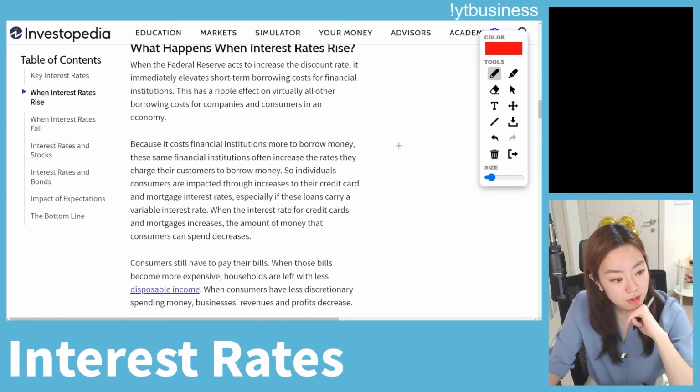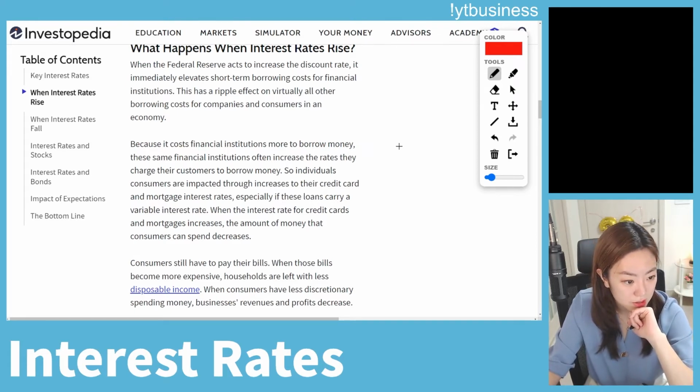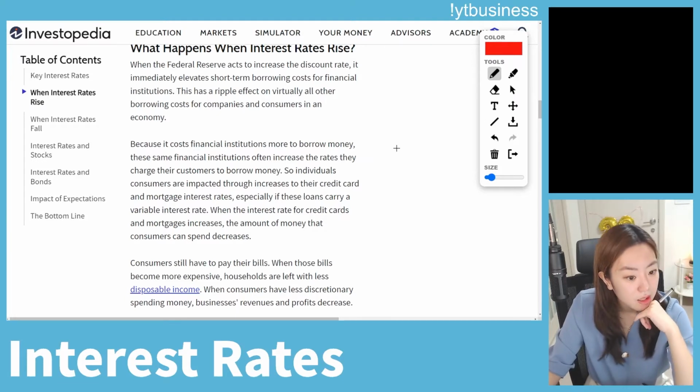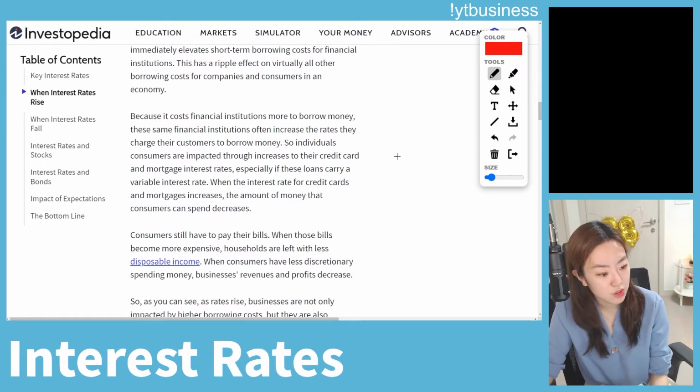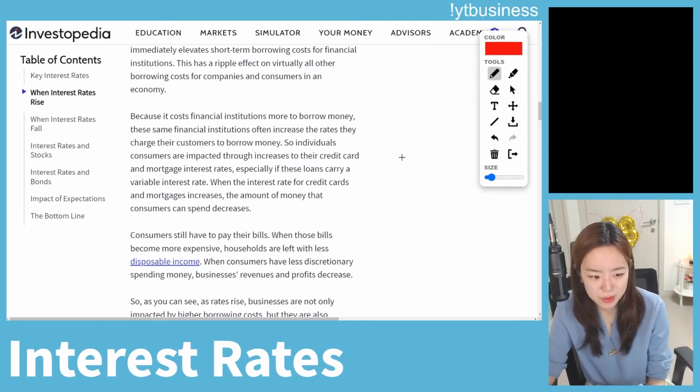Because it costs financial institutions more to borrow money, these same financial institutions often increase the rates they charge their customers to borrow money. So individual consumers are impacted through increases to their credit card and mortgage interest rates, especially if these loans carry a variable interest rate. When the interest rate for credit cards and mortgage increases, the amount of money that consumers can spend decreases.